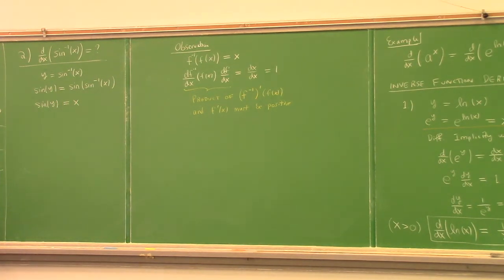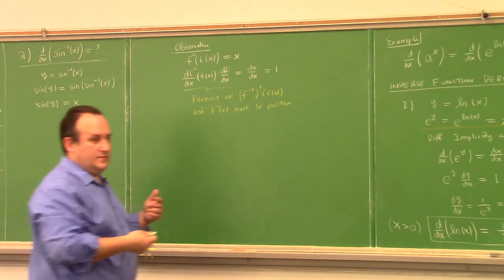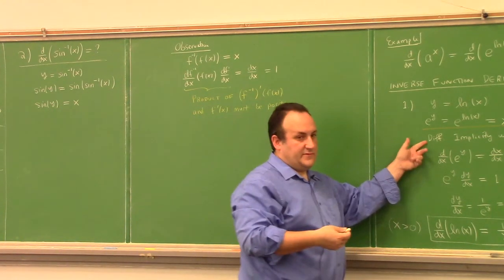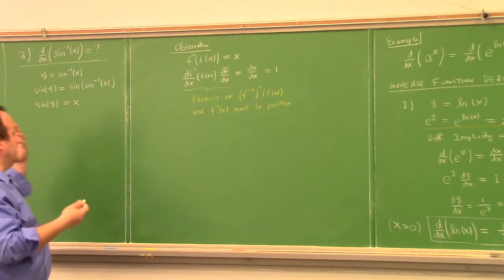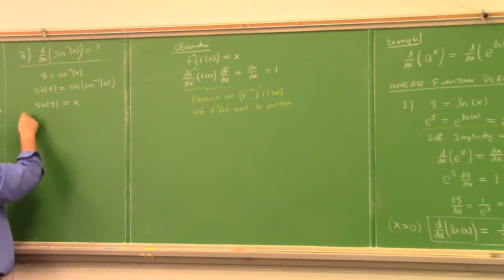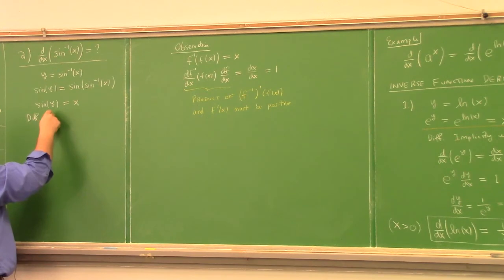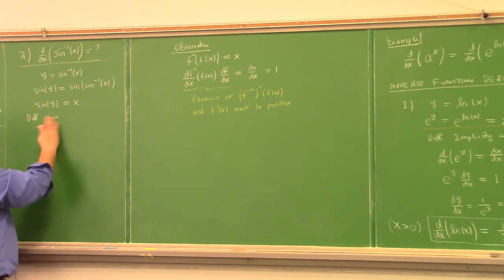Now, what was my next move in example 1? I differentiated implicitly with respect to x. So we're going to do the same. Differentiate implicitly.